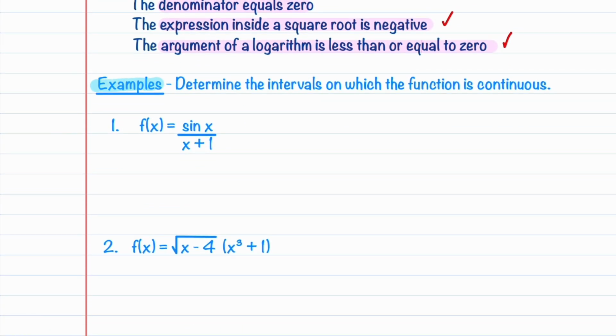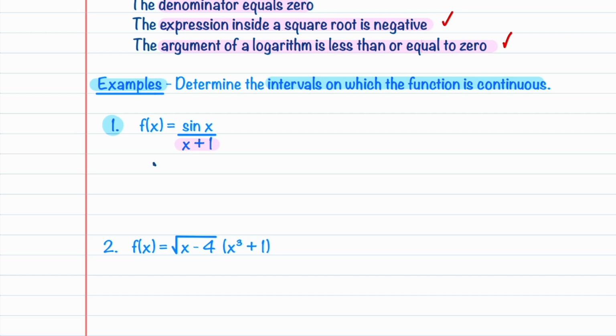We're going to look at some examples, and we are going to determine the intervals on which our function is continuous. Let's look at our first example. Notice that we have a denominator equal to x plus 1. Our function is not going to be continuous when that denominator is equal to 0.